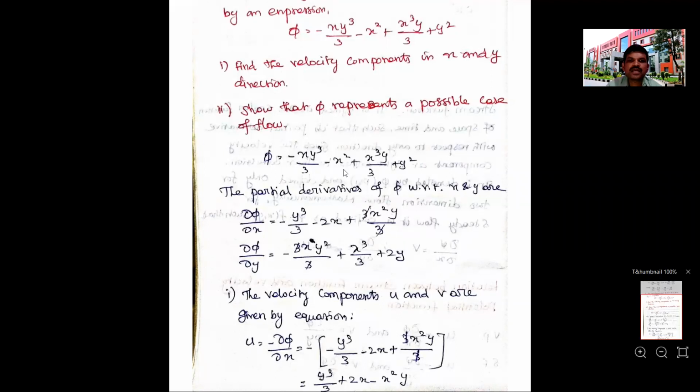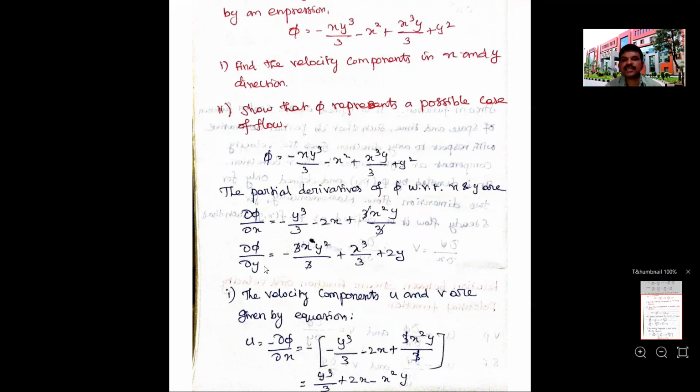Next plus x cube y: here only y is there, so this term changes into 1, and only x cube divided by 3 remains. Plus y square, if you differentiate y square we get 2y. So these are dou phi by dou x and dou phi by dou y.